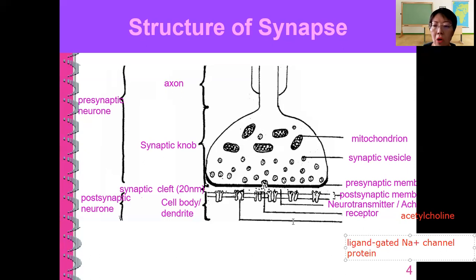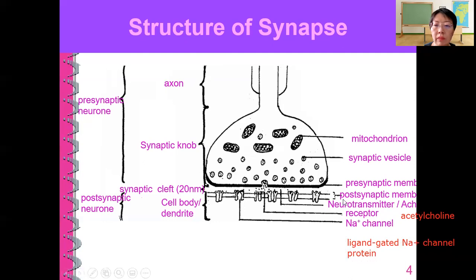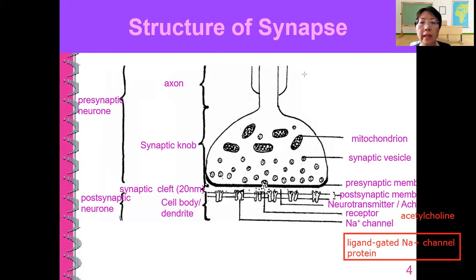Okay, so therefore, on this ligand-gated sodium ion channel protein, there are receptors for the neurotransmitter acetylcholine. So I've labeled this sodium ion channel, but more accurately, according to your new textbook, it is actually ligand-gated sodium ion channel protein. So please add in ligand-gated sodium ion channel protein.